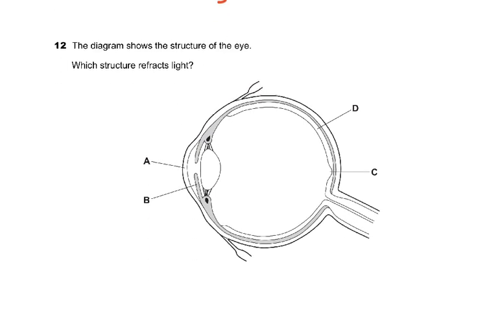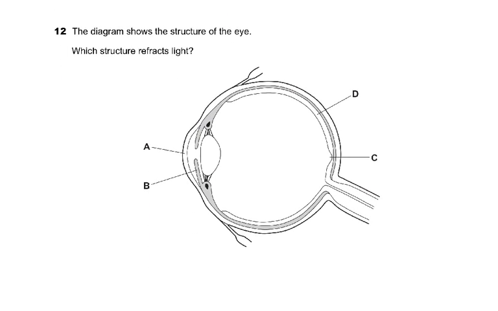Then coming to question number 12, the diagram shows the structure of the eye. Which structure refracts light? Cornea. Because here there is air and here there is fluid, aqueous humor, and here there is vitreous humor. B is the iris, the muscles of the iris.